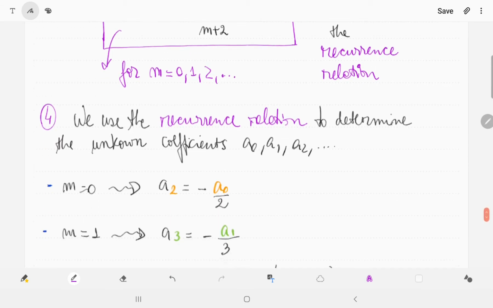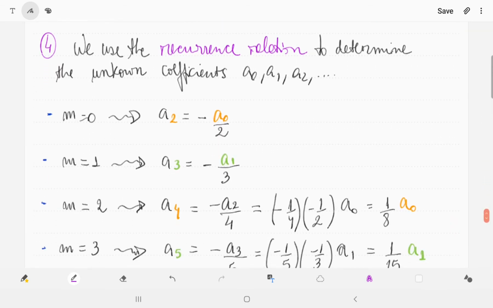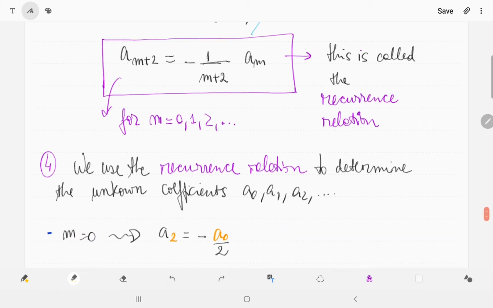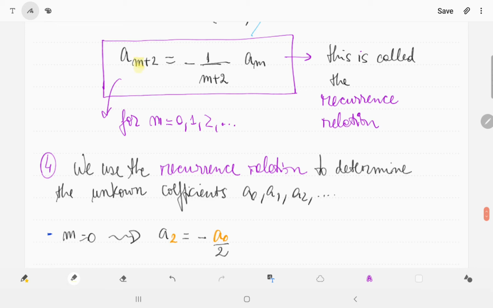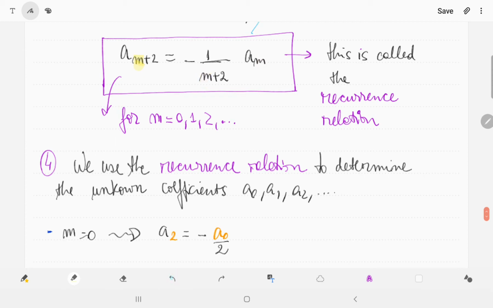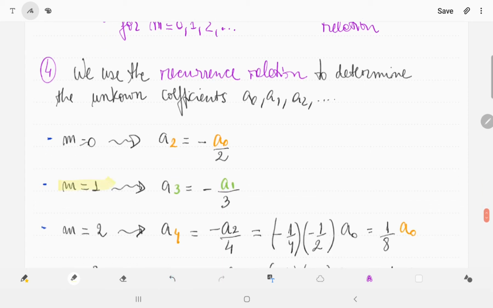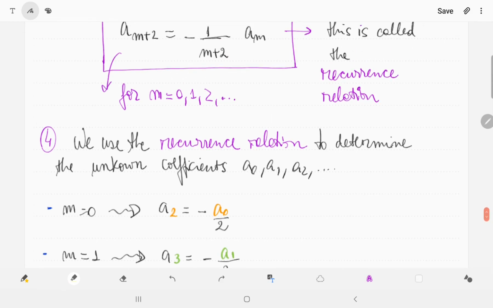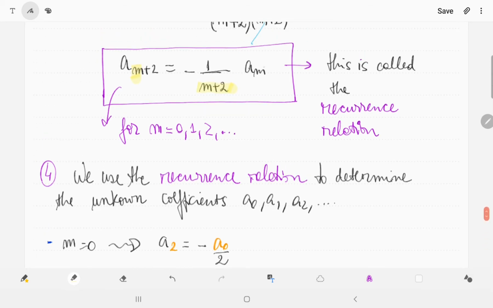So first step, we choose m equals 0. We do this calculation for m equals 0. If we put 0 here, 0 here, 0 here, what we get is a2 is equal to minus a0 over 2. If we choose m equal 1, here we have a3 and a1.